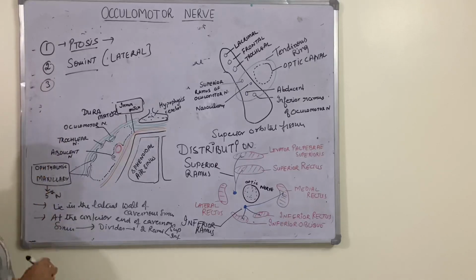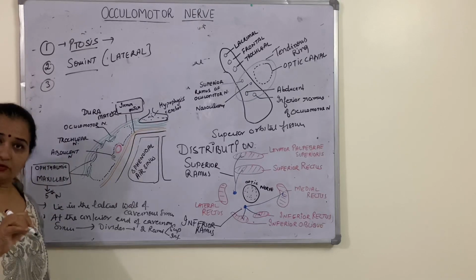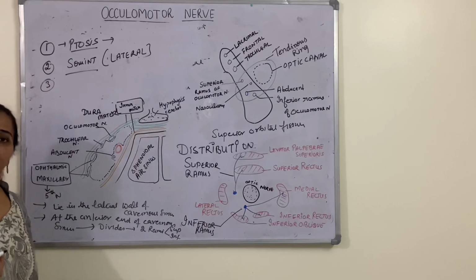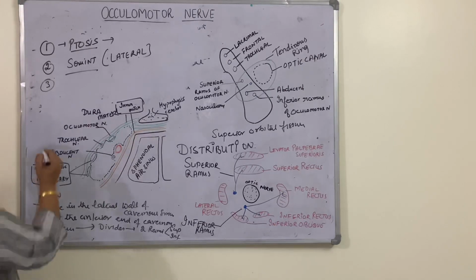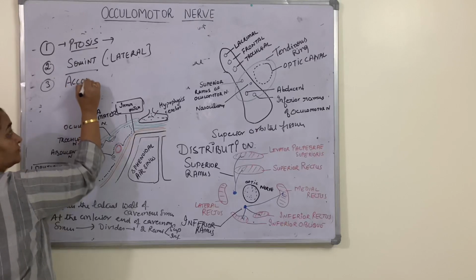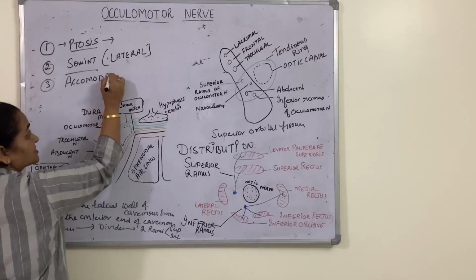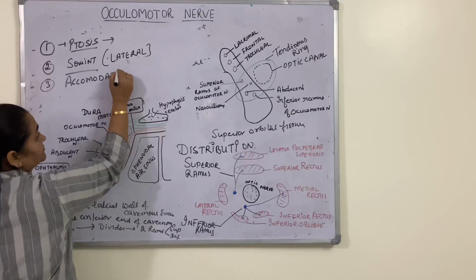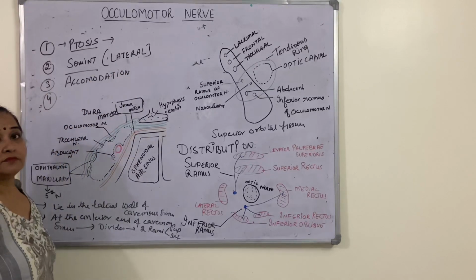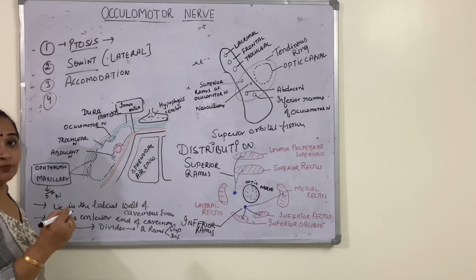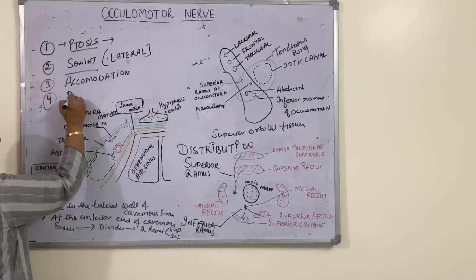Then next, if the oculomotor nerve is injured, definitely Edinger-Westphal nucleus fibers will be affected. So accommodation will be lost because ciliaris goes. Then there is dilatation of the pupil because sphincter pupillae is affected.